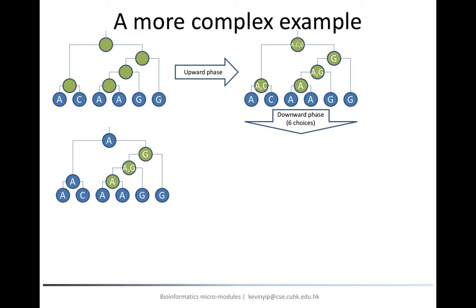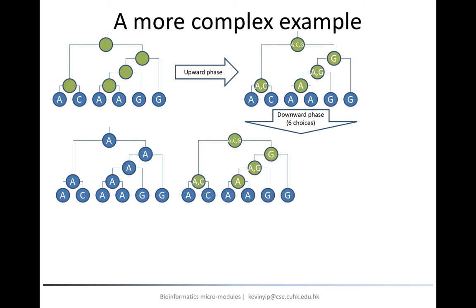It can thus choose either A or G. Suppose it chooses A. Then, using the same method, each child node has to choose A. Finally, the remaining internal node also has to choose A, which completes the first optimal solution.